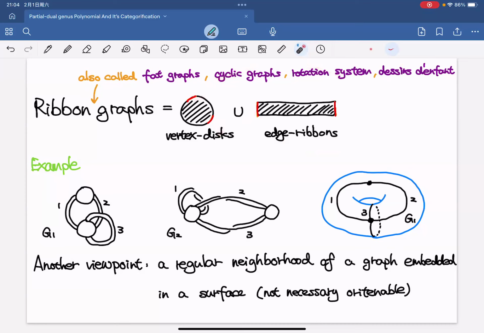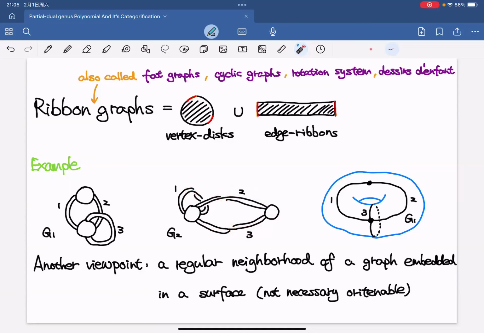So here we have 3 examples. The first example consists of 2 vertex disks and 3 edges. And the second one also contains 2 vertex disks and 3 edge ribbons, but you can notice that every edge has a half twist here.